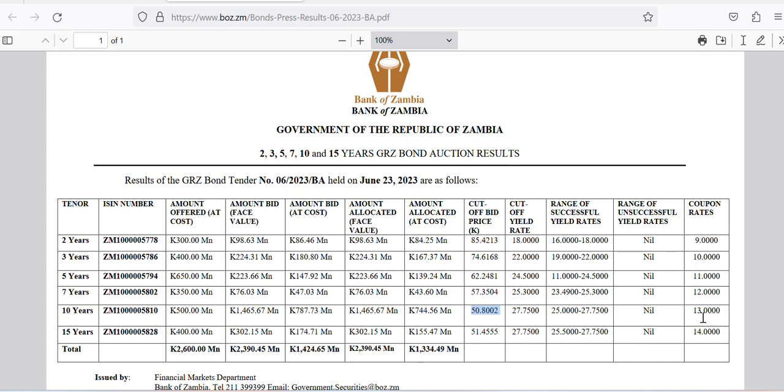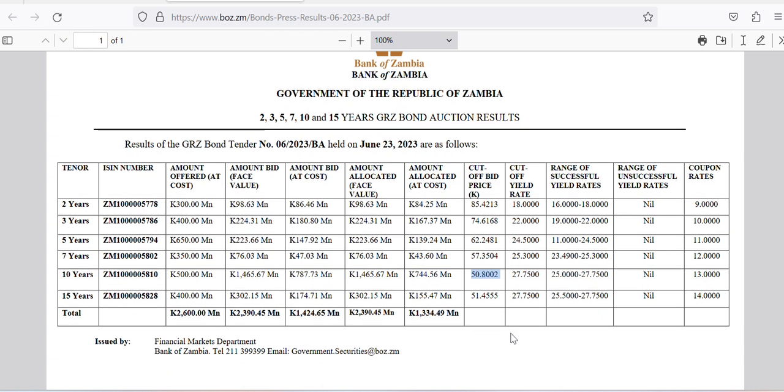Then obviously at the end, we have the coupon rates, which I talked about. So again, on this form, there's a whole lot of things happening here, but I want you to concentrate on tenor, which is the length of the bond, the period in which you are lending government the money, the cutoff price.